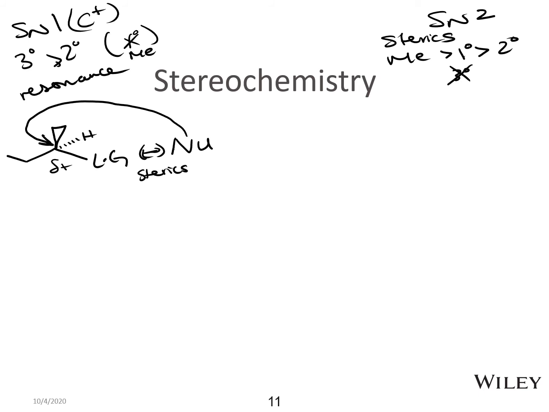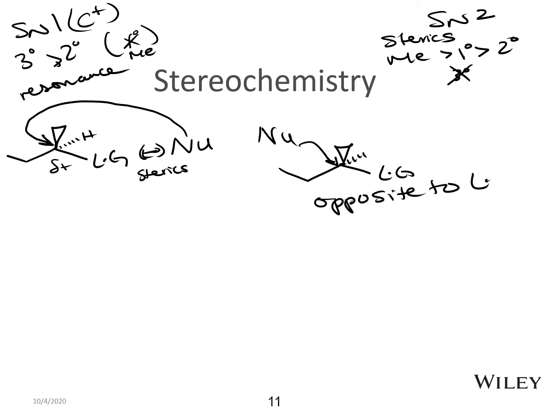So what does that mean? What it means is my molecule would have the nucleophile attack in this orientation, opposite to the leaving group, which would then mean that where our nucleophile is added will be the inverse of where the leaving group was.